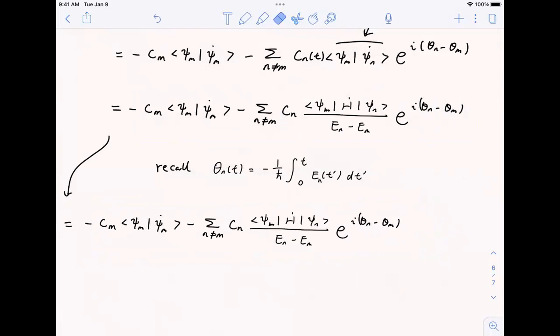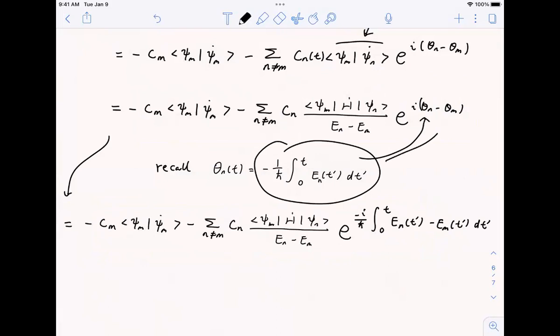You're going to put this in, and then you're going to have e to the negative i over h bar, and then the integration of En minus Em and then the derivative. Just put this definition into here, then you get this answer.